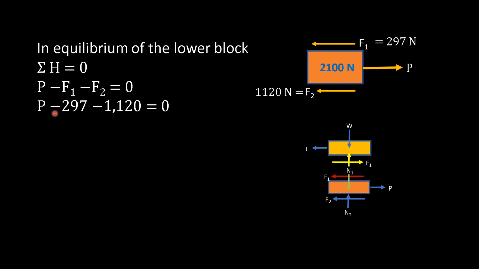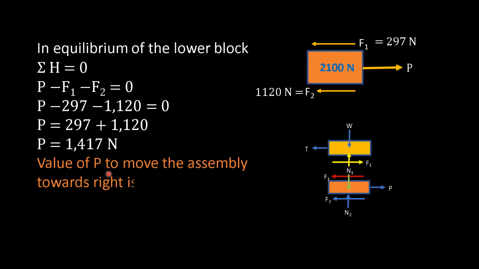So P minus 297 minus 1120 equals 0. So that gives us P equals 297 plus 1120, that is 1417 Newton. So the value of the force P, which is required to move the assembly towards right, is 1417 Newton.